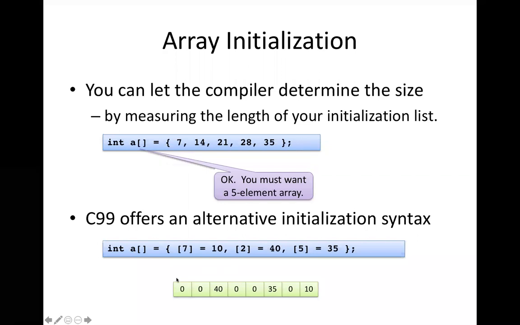If I don't specify the size of the array, like I did here, it will choose a size that is big enough to hold the largest index that I use. So since element 7 is the largest one that I specify, this array has 8 elements, 0 up to and including 7.